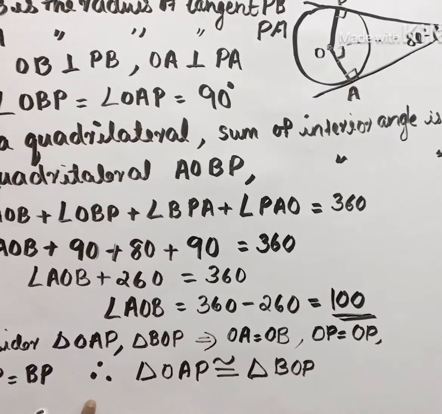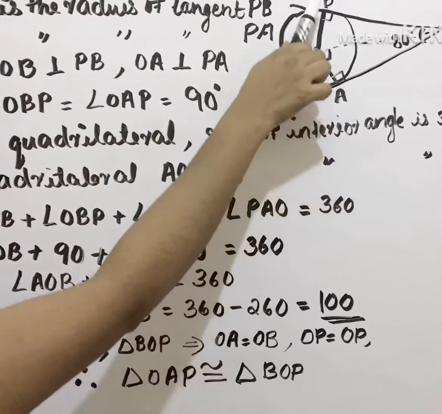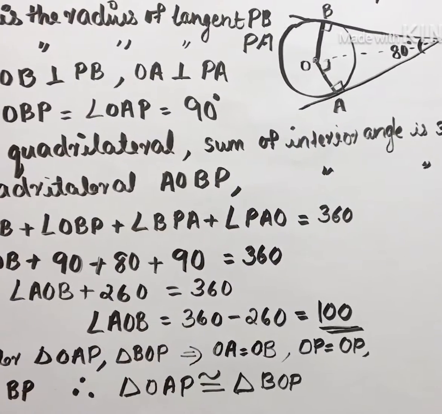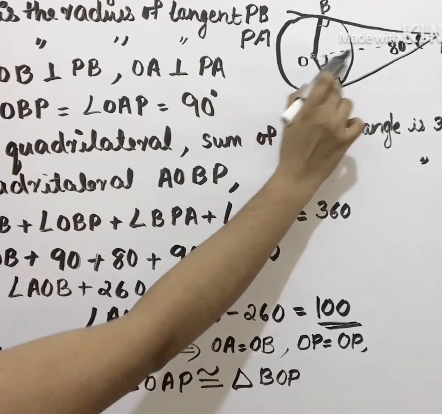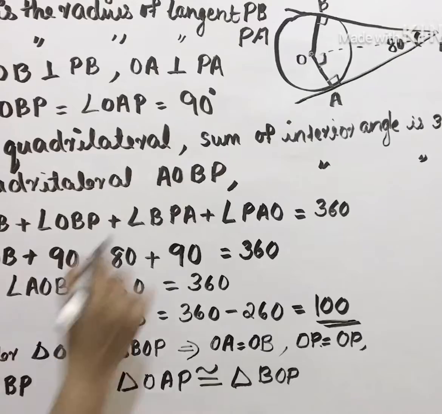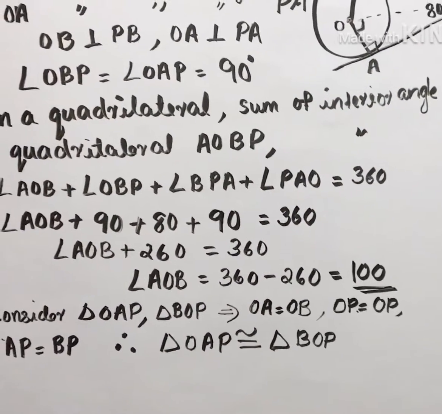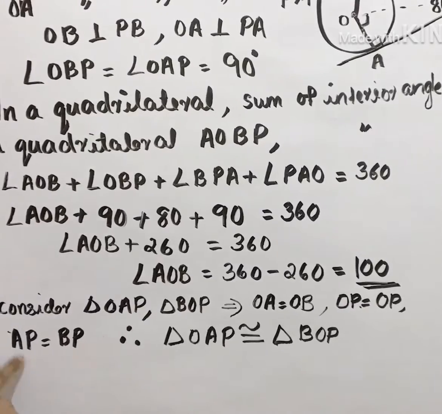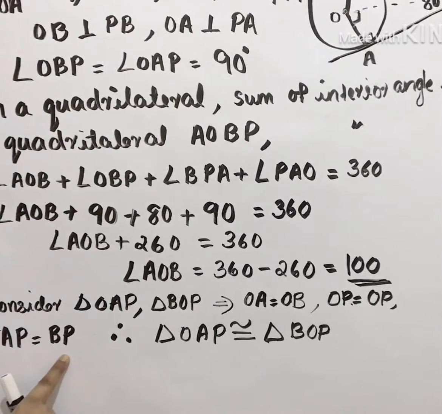Consider these two triangles: OA and OB are the radii of the circle, therefore they are equal. The next side is OP, the common side. And AP and PB are tangents from the same point to the circle, therefore they are also equal.